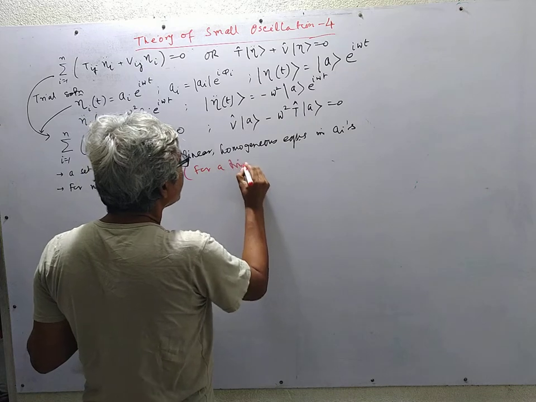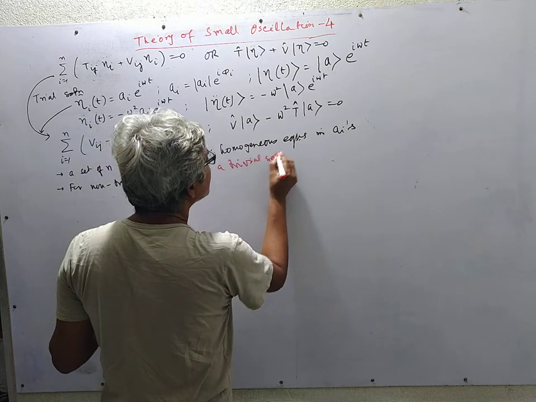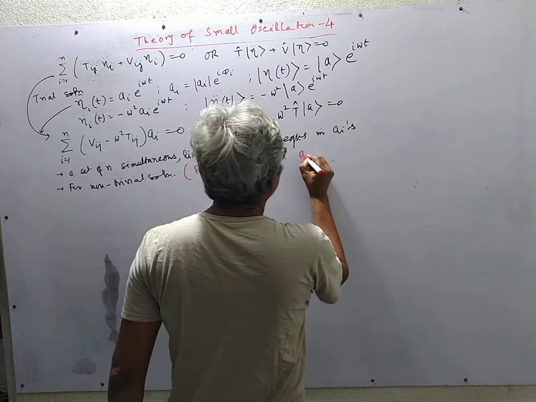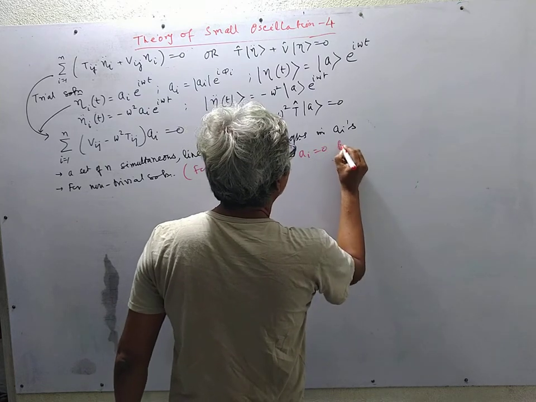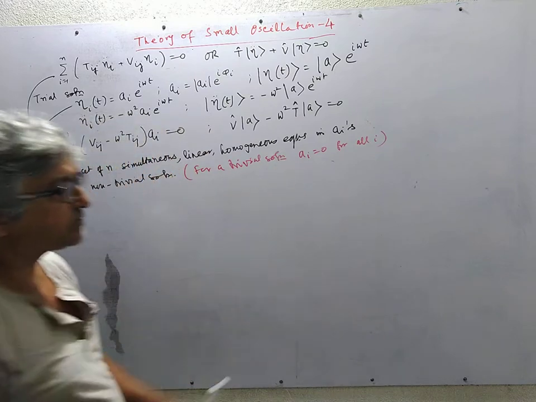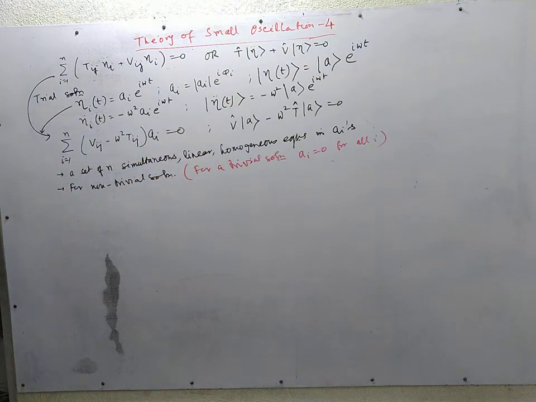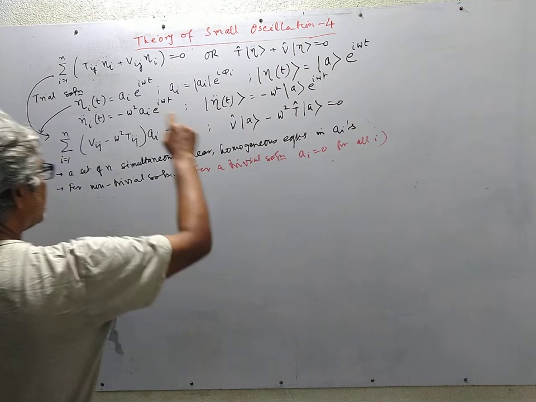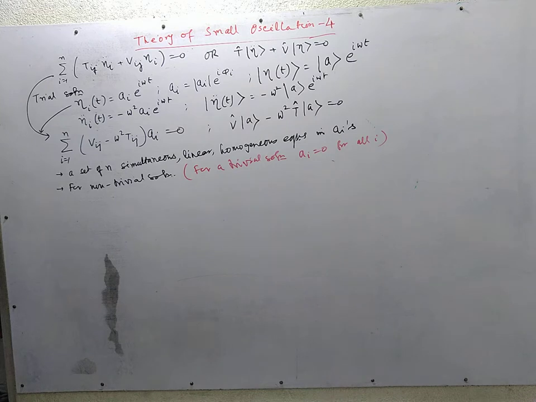For a trivial solution, a_i is equal to 0 for all i. This does not remove the dynamics of the system. Although it is a mathematically acceptable solution because it does satisfy this set of coupled equations, we do not include it as a solution for a physical dynamical system.